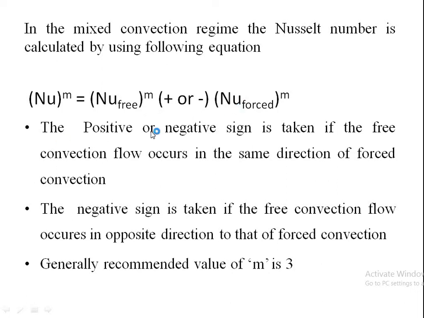The positive or negative sign is taken depending on the flow direction. The positive sign is taken if the free convection flow occurs in the same direction as the forced convection, that is, both convection directions are the same. The negative sign is taken if the free convection flow occurs in the direction opposite to that of forced convection. The generally recommended value of m is 3.